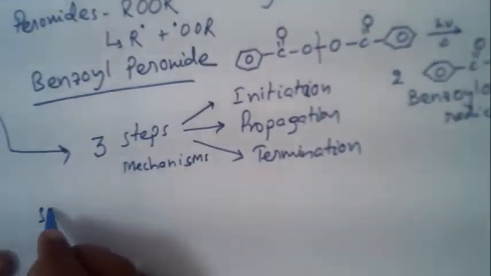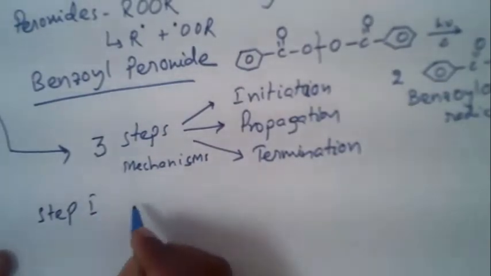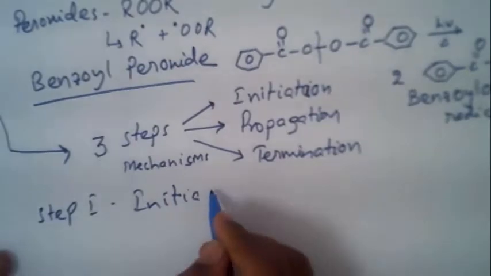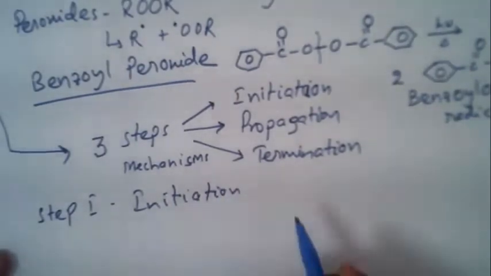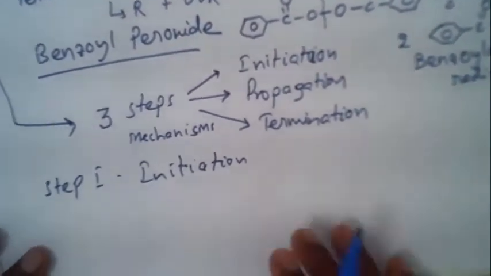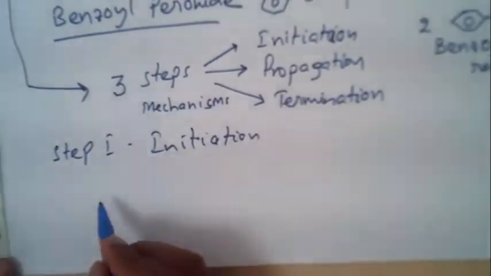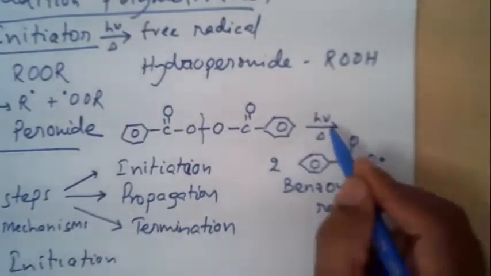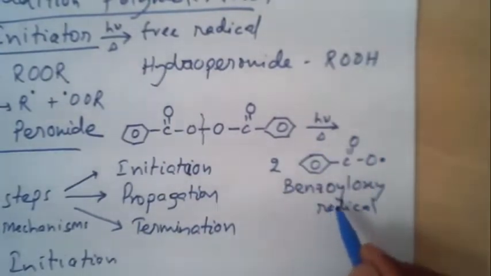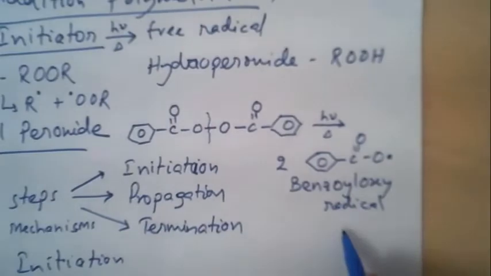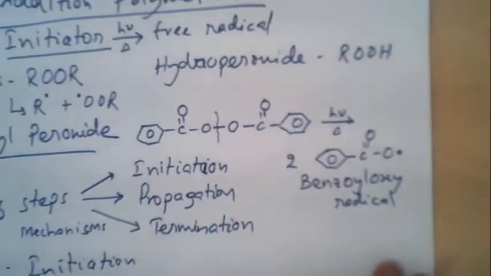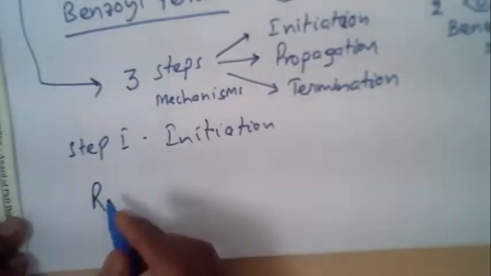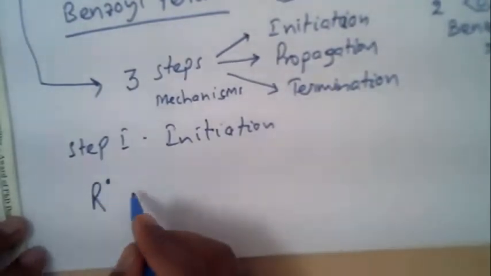Step 1, initiation, will be something like this. We take this as R, simply representing it as R instead of a big structure, which I will write as R dot.